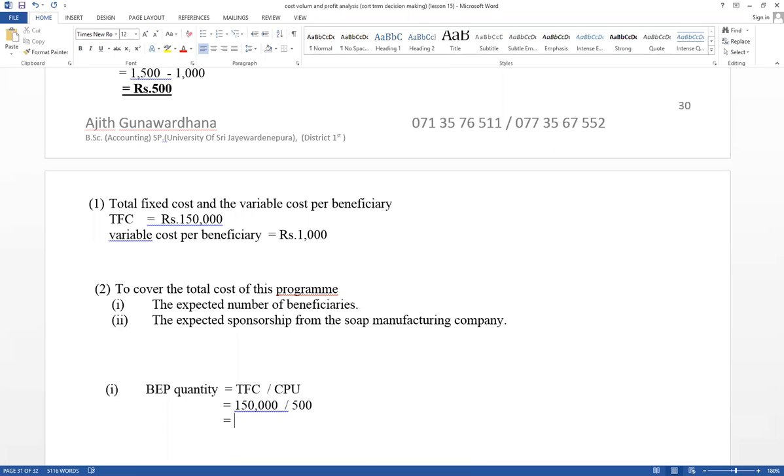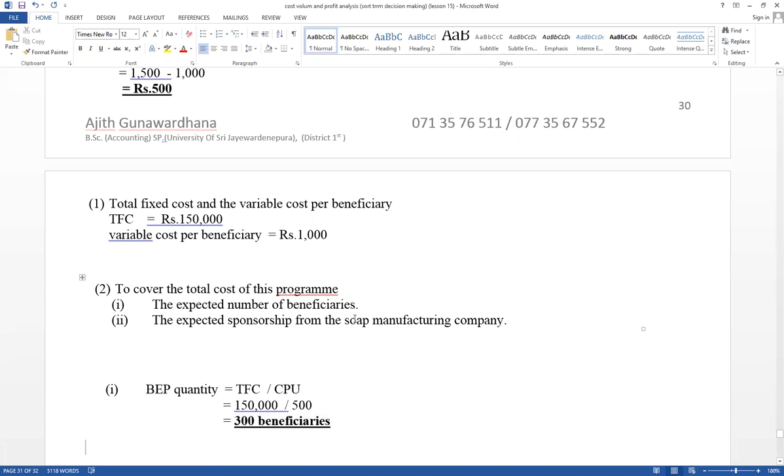Think about number of participants. 150,000 divided by 500. Therefore, to cover the total cost, 300 participants should participate. There's number of beneficiaries. 300 beneficiaries should participate.